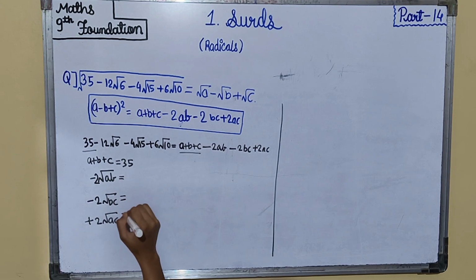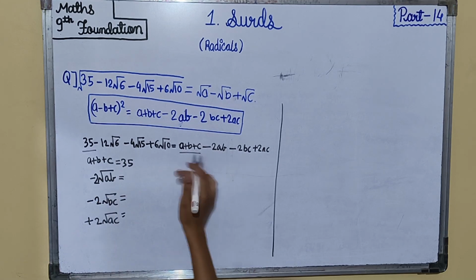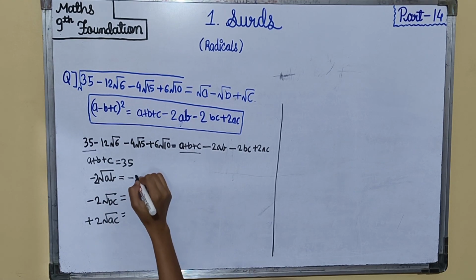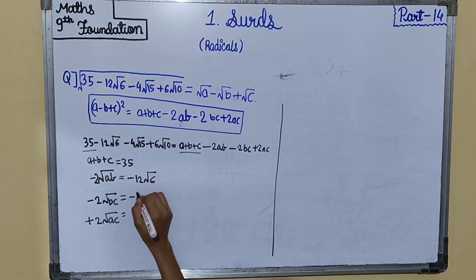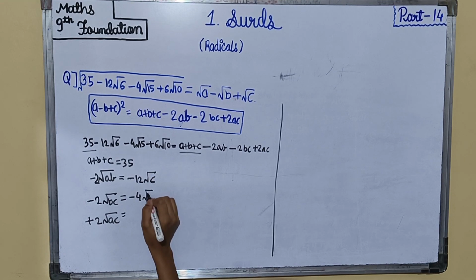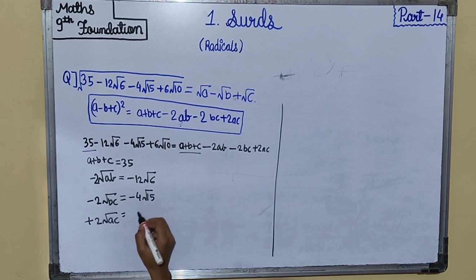As these are irrational, we can equate them accordingly. So minus 2 root ab is minus 12 root 6, minus 2 root bc is minus 4 root 15, and plus 2 root ac is 6 root 10.